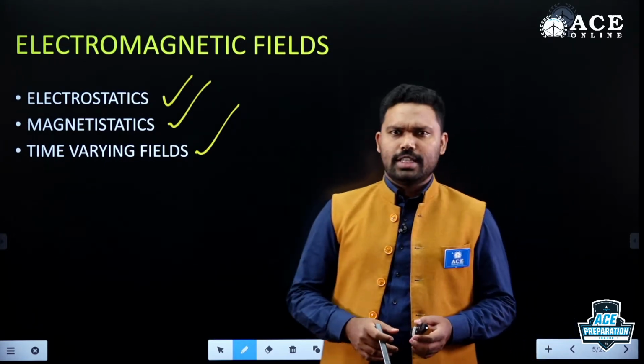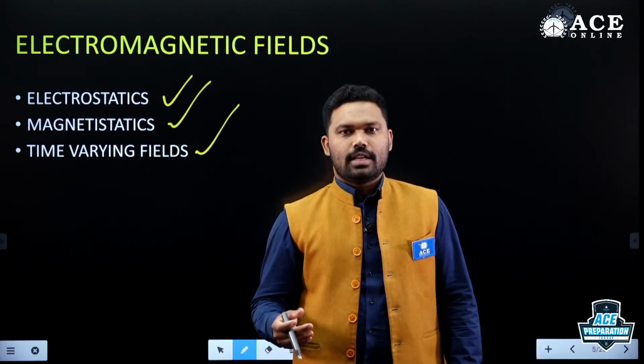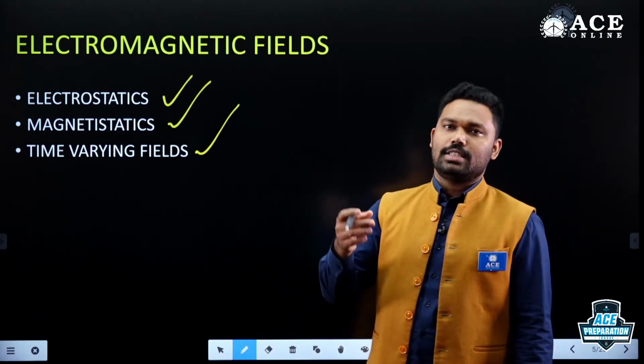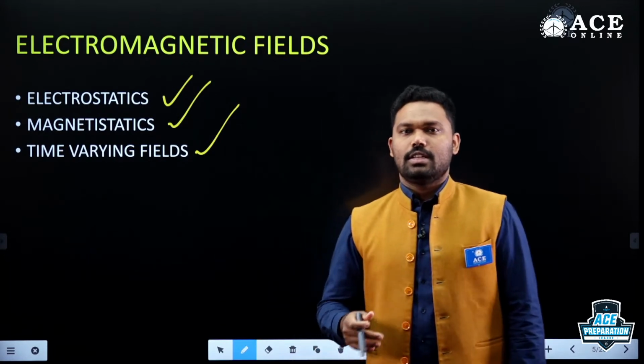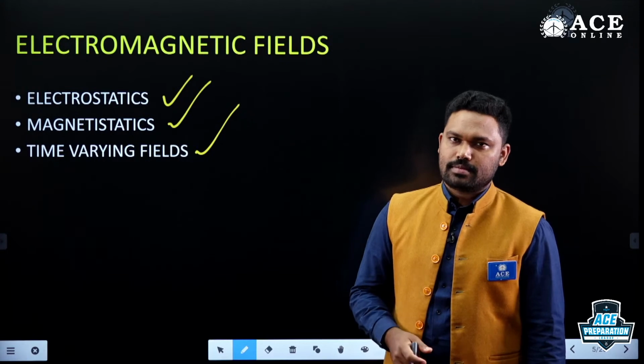In electrostatics, we'll talk about Coulomb's law, expression for the electric field, different types of charge distributions like point charge, line charge, sheet charge, volume charge, Gauss law, potential concept, capacitor concept, boundary conditions.